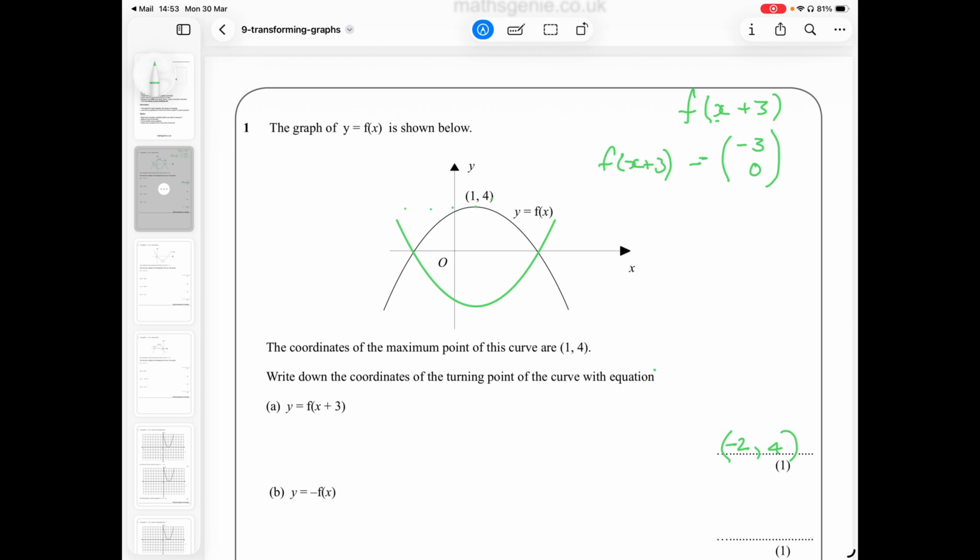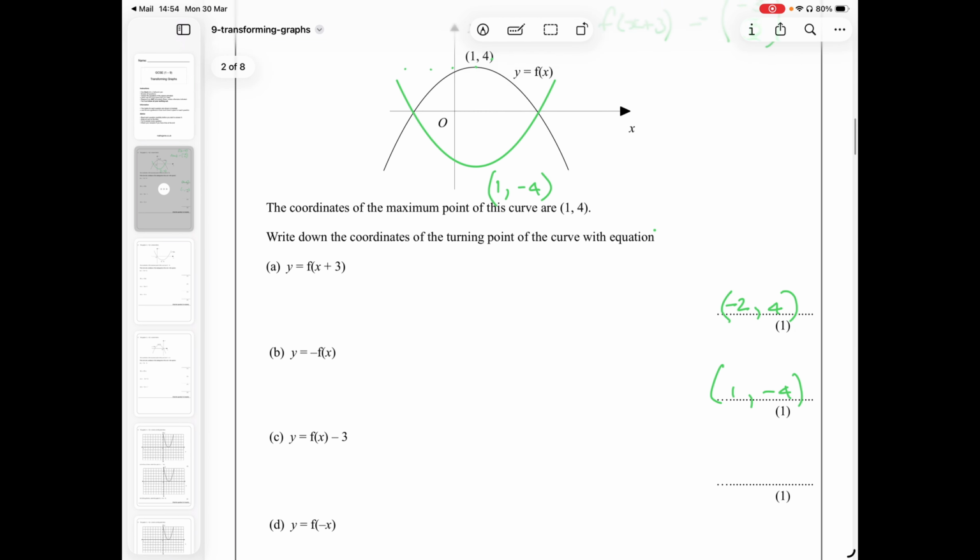That was the computer sorting it out, not me. So that means we're going to be saying that that is (1, -4). And that's what's happening there. Because this is on the outside of the bracket, so therefore it affects the y, not the x. If it's on the inside of the brackets, then it would be minus 1.